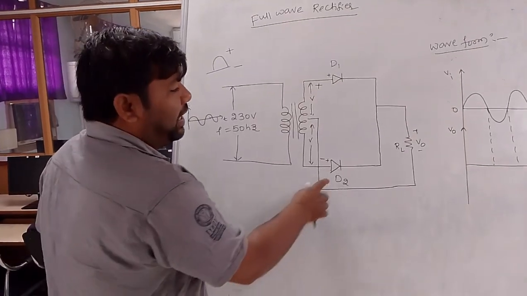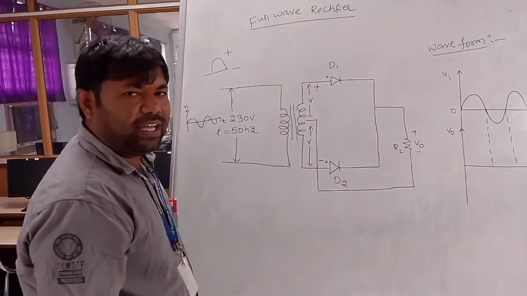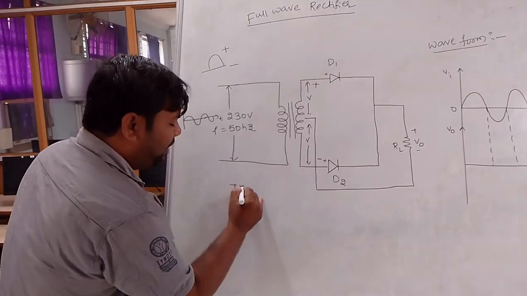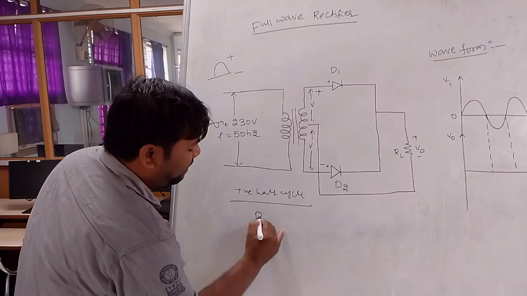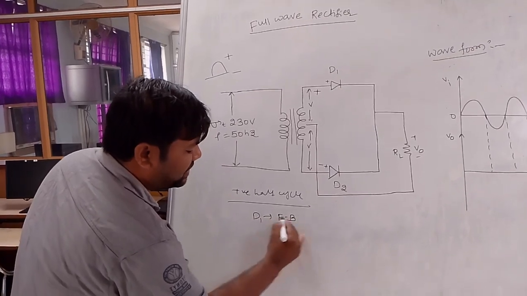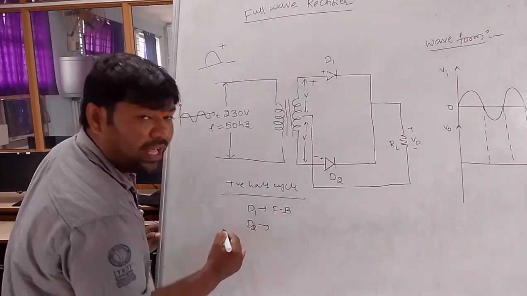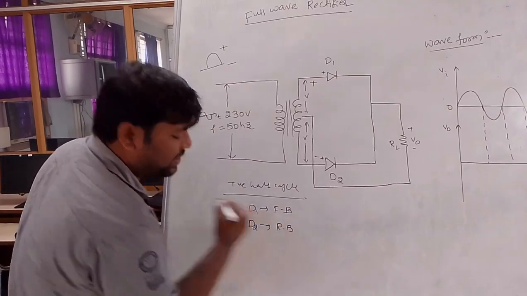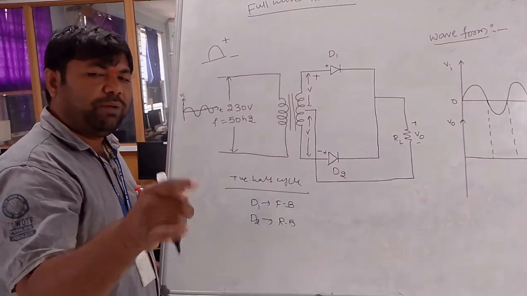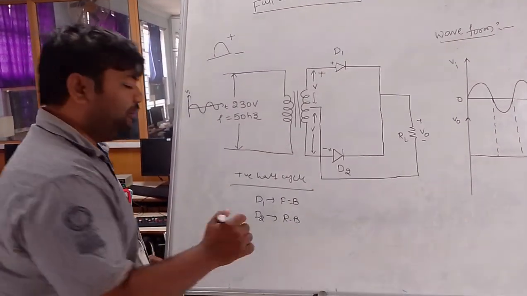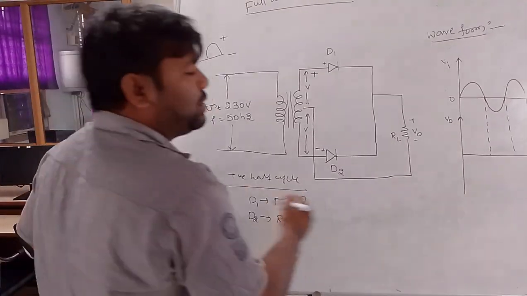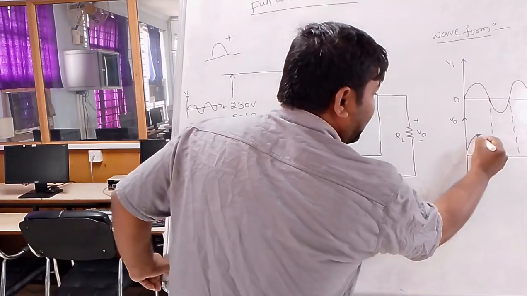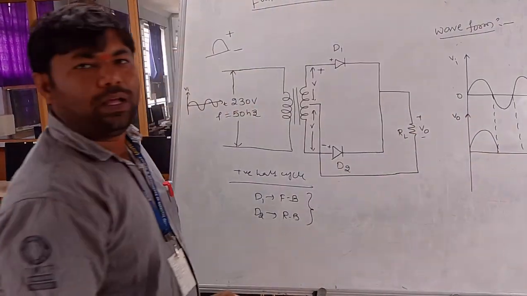So in the positive half of the cycle, diode D1 is in forward bias condition and diode D2 is in reverse bias condition. That means during the positive half of the cycle we are getting the output through diode D1.